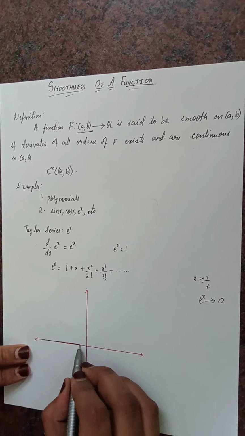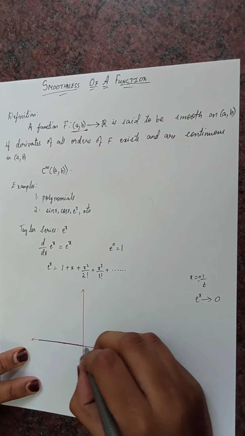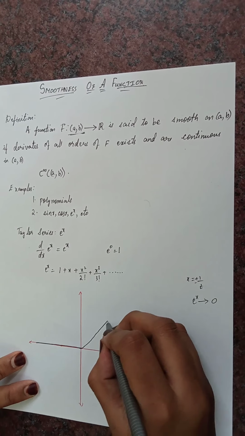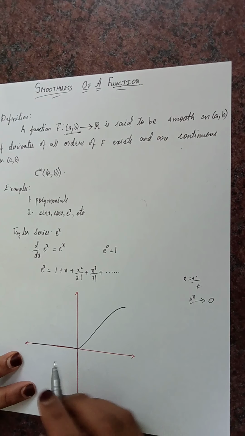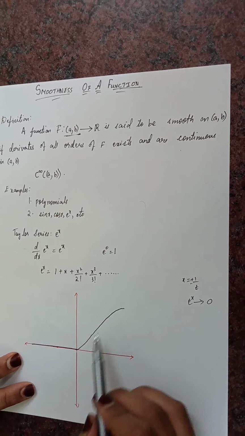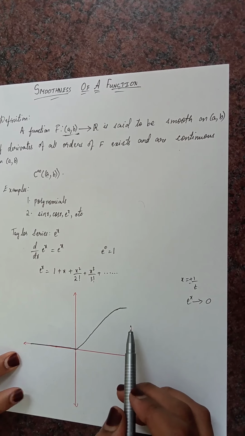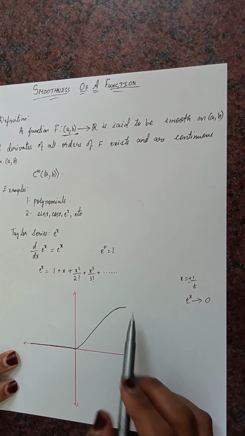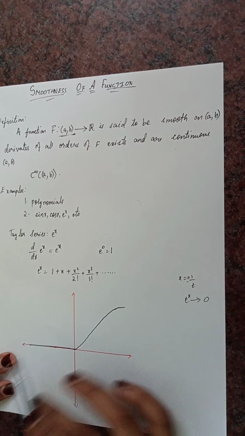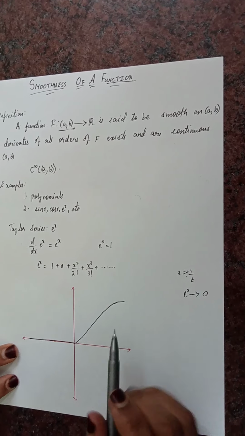So this will be a straight line, and at this I'll be getting a smooth curve. But this is not actually a smooth curve because it will be flat after a particular time. So I cannot consider Taylor series expansion as a smooth function.